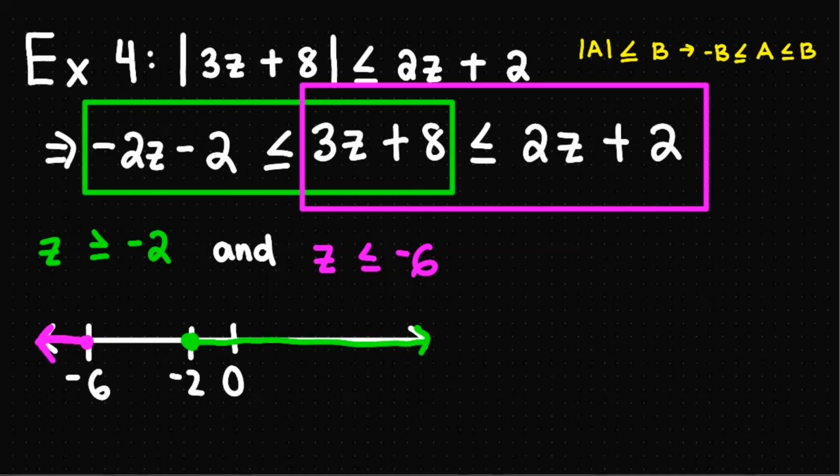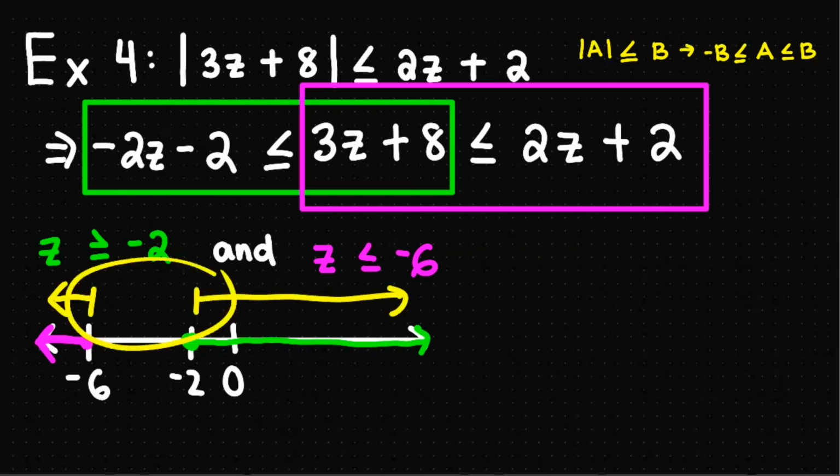Now in here, the problem is we need to get the intersection. But unfortunately, clearly, there isn't really any intersection out here, since if we compare these lines, they don't connect. Which means that there are no values of z that satisfy this inequality.